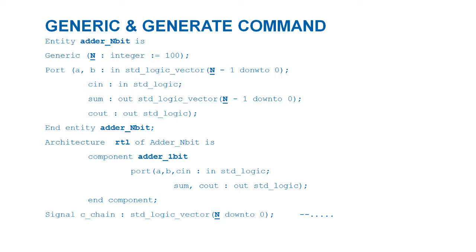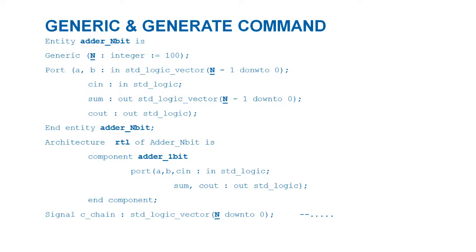Now we have input data A and B that are of data size n number of bits, so they have std_logic_vector n-1 down to 0. So we have n number of bits in each of them. We have the carry in, we have the sum, and we have the carry out. The sum also is of n number of bits, so again n-1 down to 0.